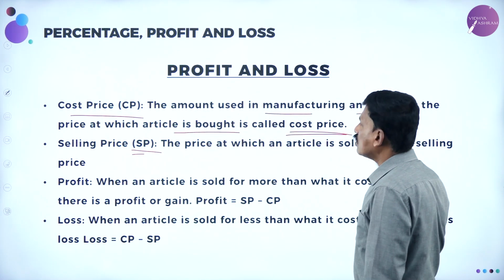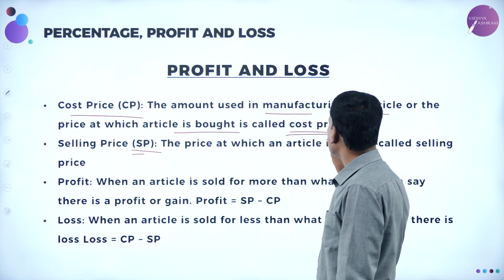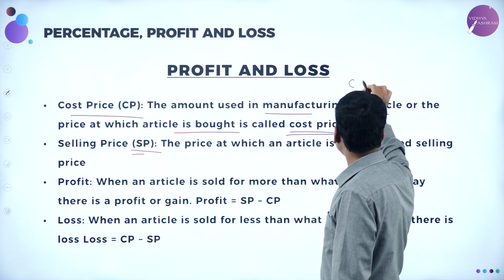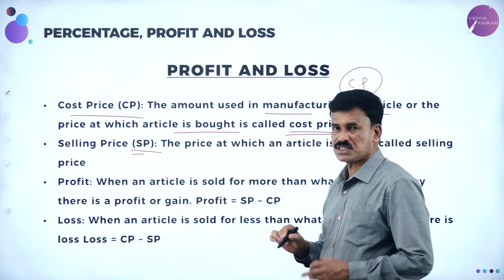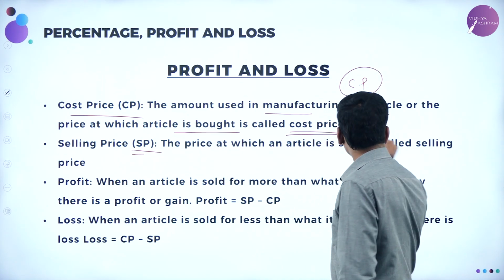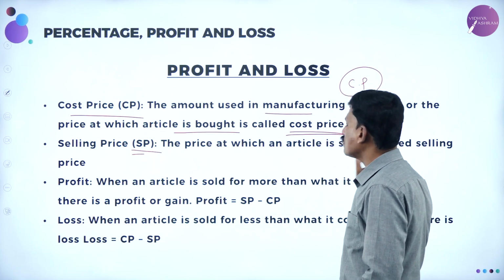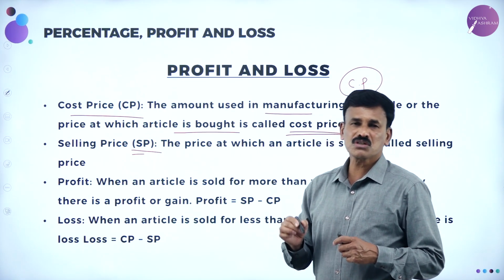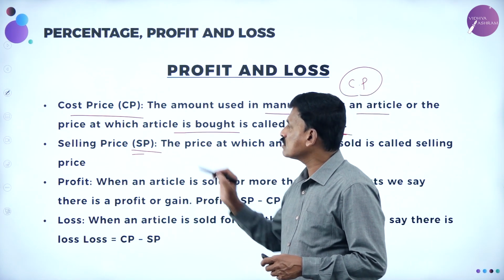That is, the price at which the article is bought is called the cost price, denoted as CP. At what cost we are going to buy an article is called the cost price.